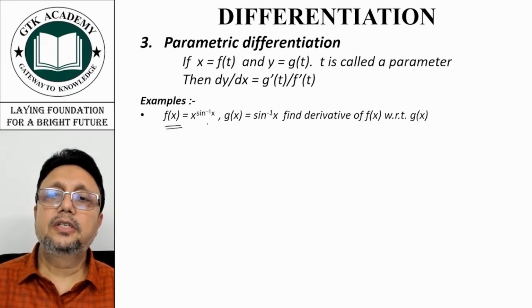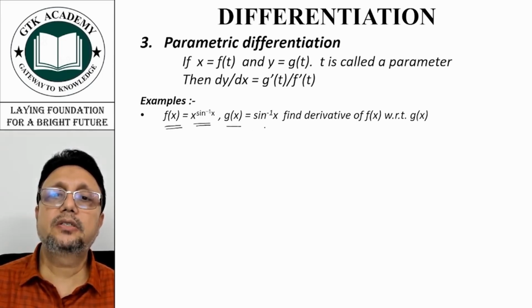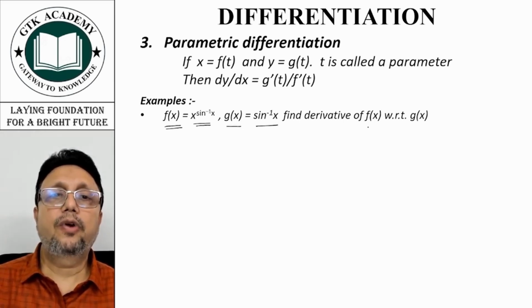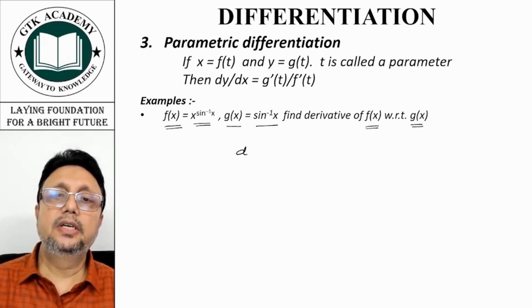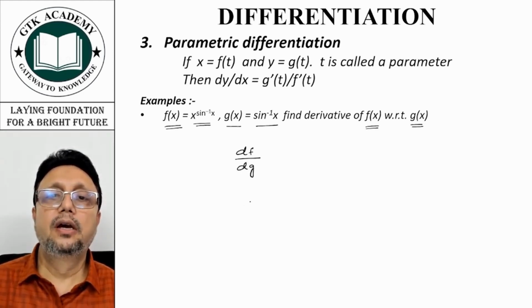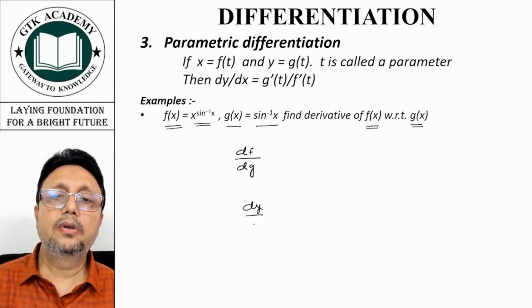Here f of x is equal to x raised to the power sine inverse x, and g of x is sine inverse x. Find the derivative of f of x with respect to g of x, that is df upon dg. Now just now we told how to find dy upon dx. If y is related to t and x is related to t, what did you do?